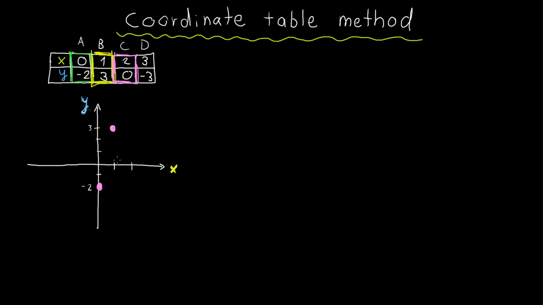So this is 1, this is 2. And the last point here jumps down to -3. 3, -3. You can help with the dotted lines. Why not?